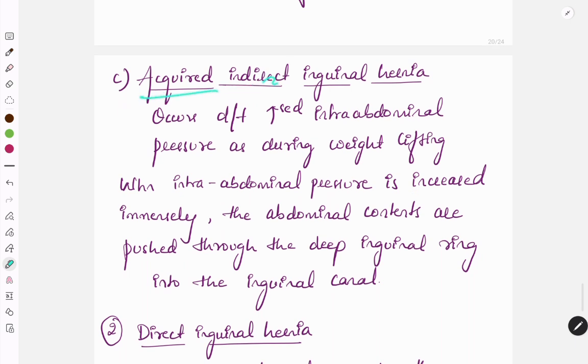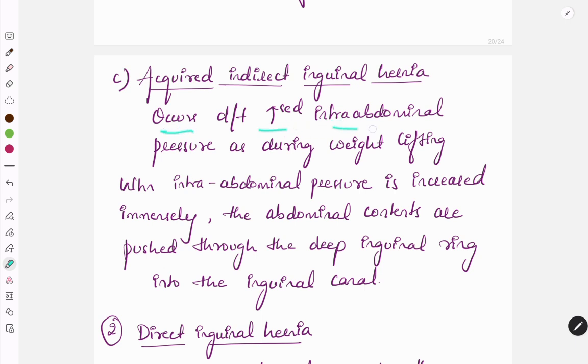Next is acquired indirect inguinal hernia. Acquired means it is acquired in a lifetime. A person is born without a patent processus vaginalis, so he does not have a congenital indirect inguinal hernia. He grows up, and during his growth he has done things because of which he acquired this hernia.